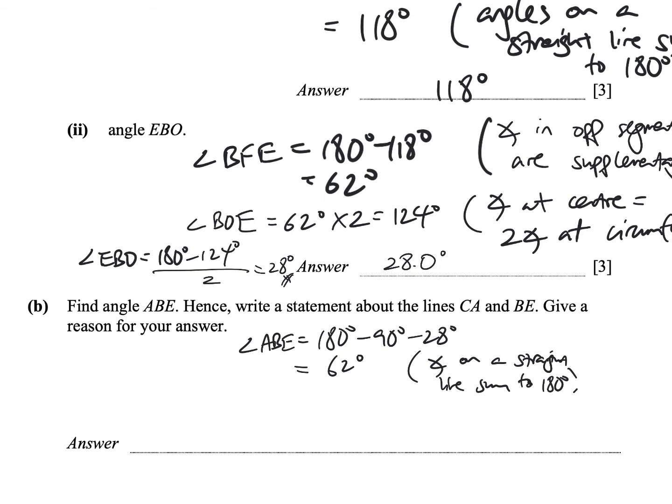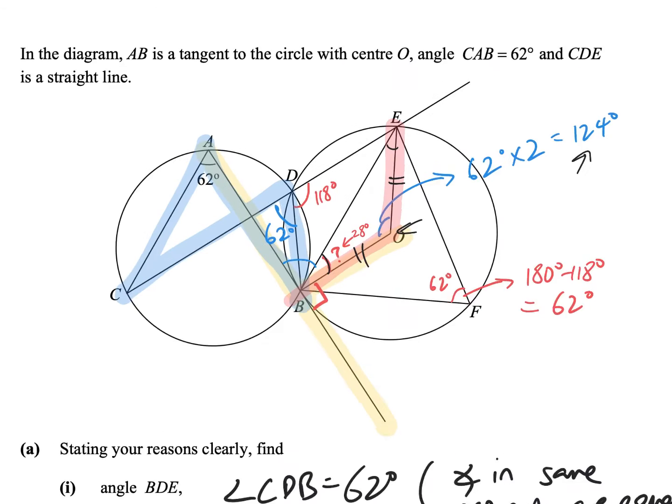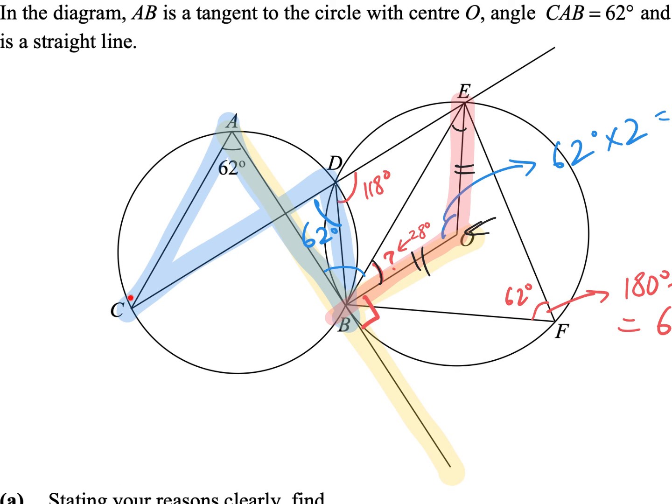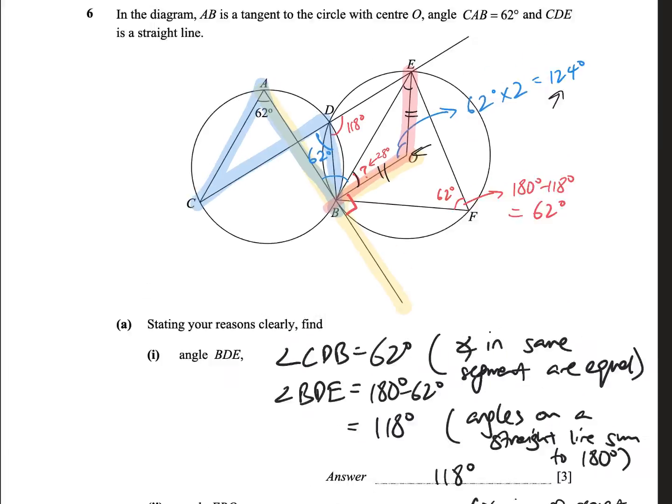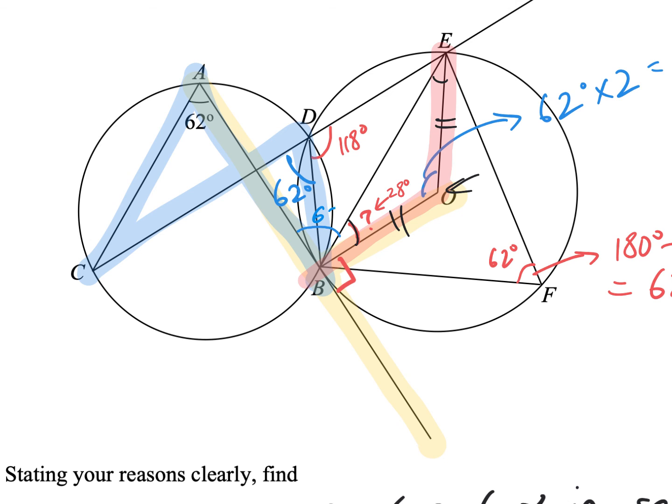And hence write a statement about lines CA and BE. So let's look at CA, BE. Okay, we found that this angle is also 62 degrees. That means this angle is also 62 degrees. If this is 62 and this is 62, what does that tell me?